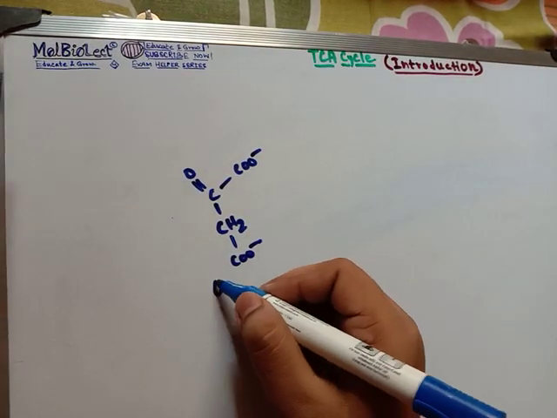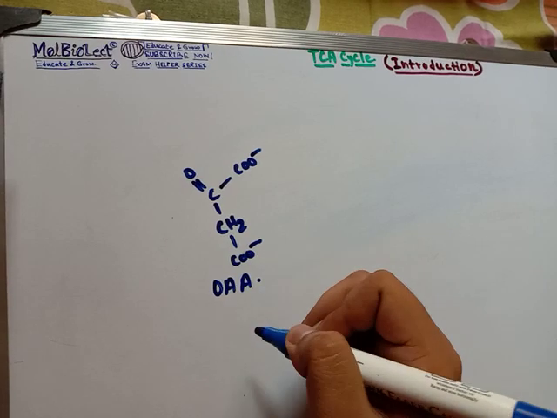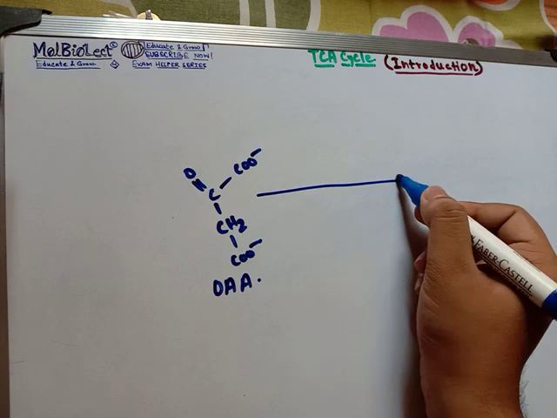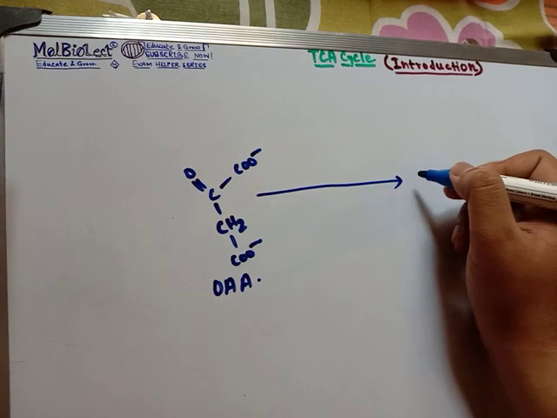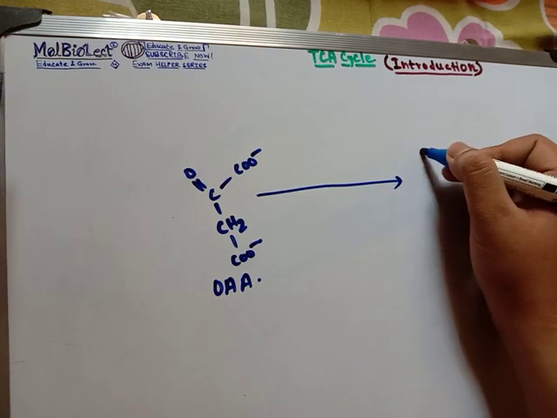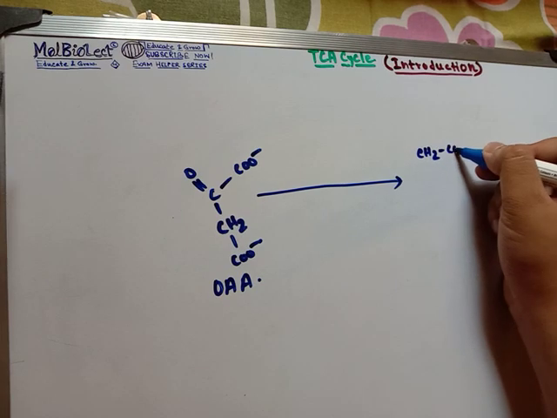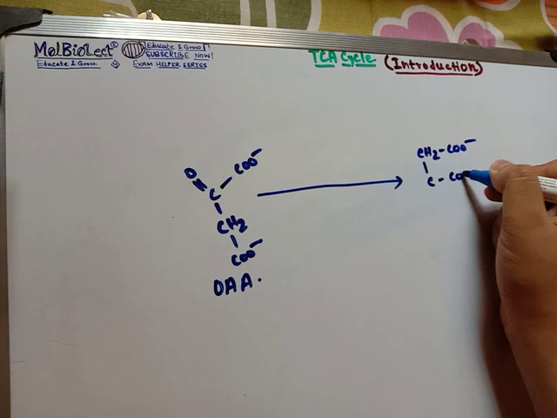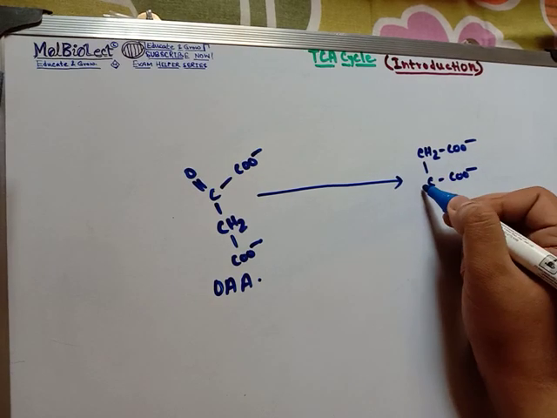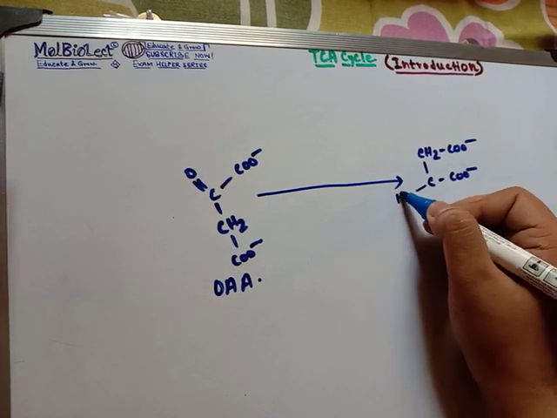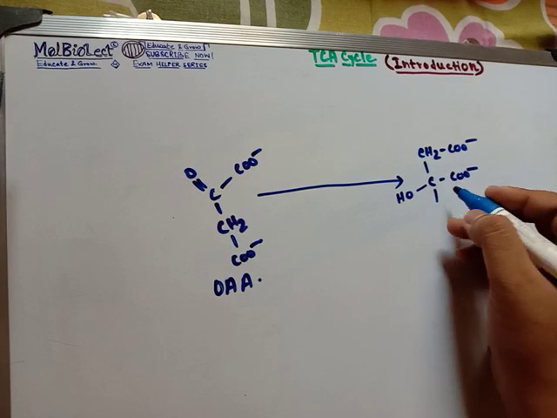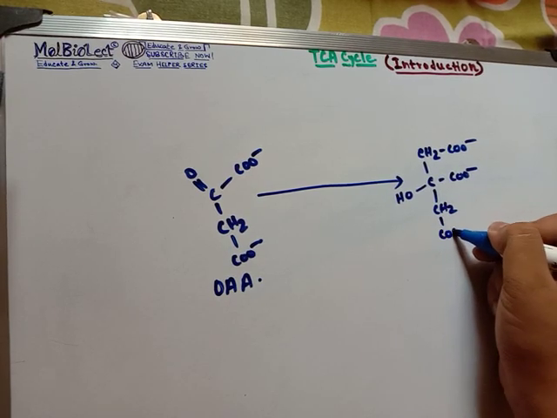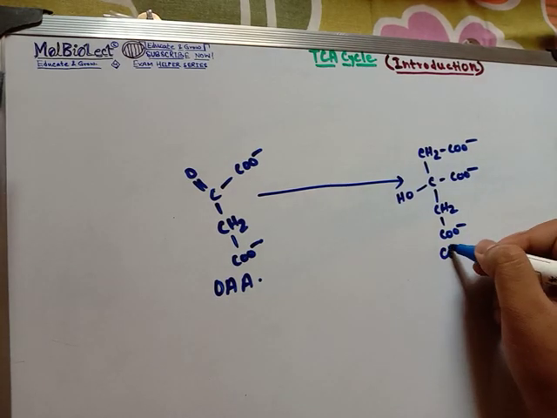So this was our oxaloacetate, and this oxaloacetate gets converted to citrate. The formula for citrate being CH2COO minus, C, COO minus, over here we will have an OH, and then we will have a CH2 and COO minus. So this is our citrate.